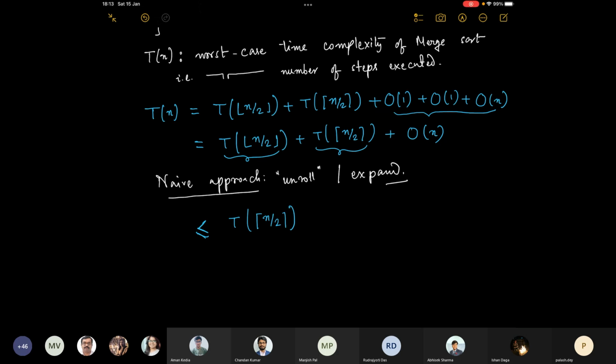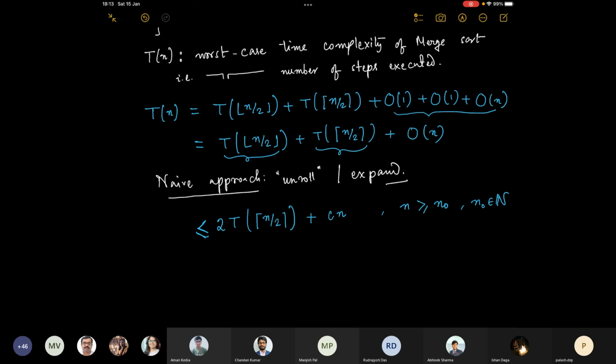Okay. And then I have two plus. Now this order one, I can also write as Cn, for n greater than or equal to n naught for some constant n naught. That's from the definition of big O notation.